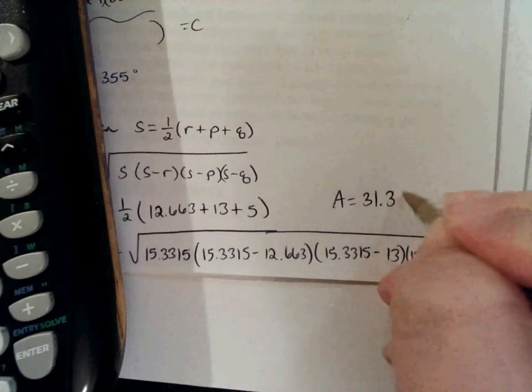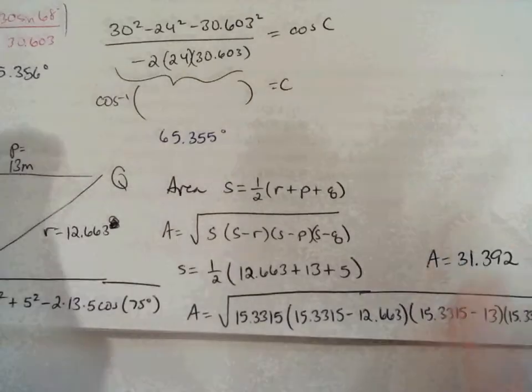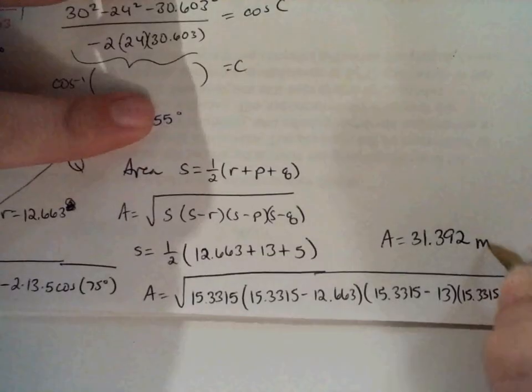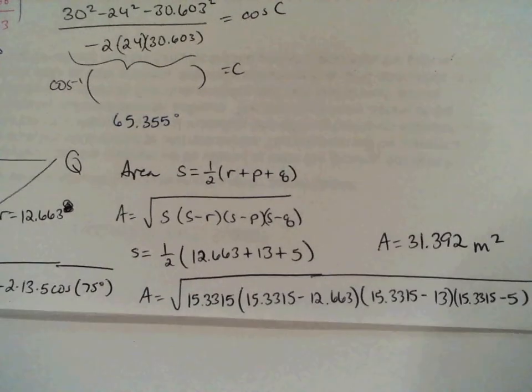And we should get 31.392. And that is the area. The side lengths were measured in meters, so that's going to be meters squared.